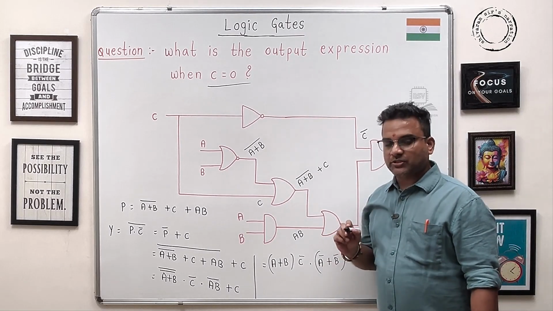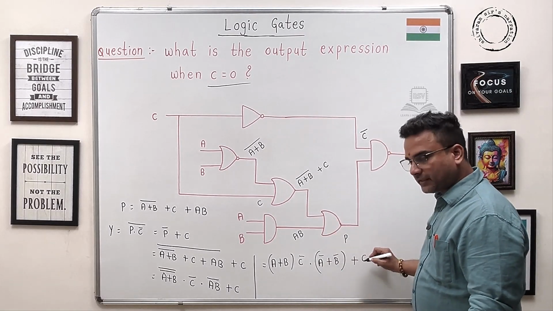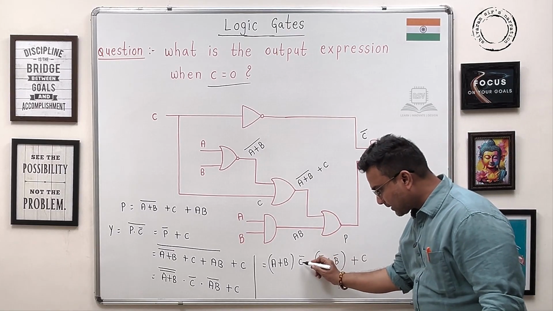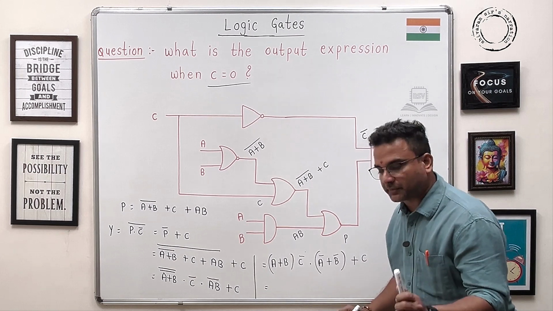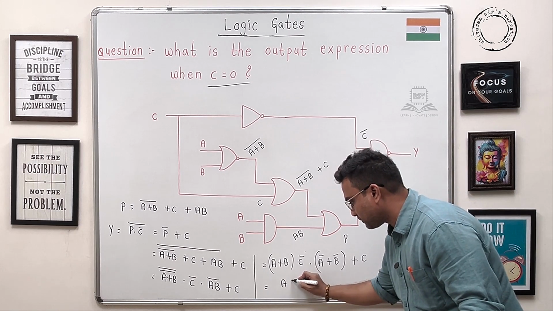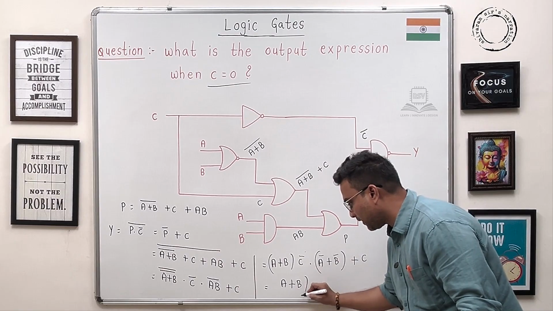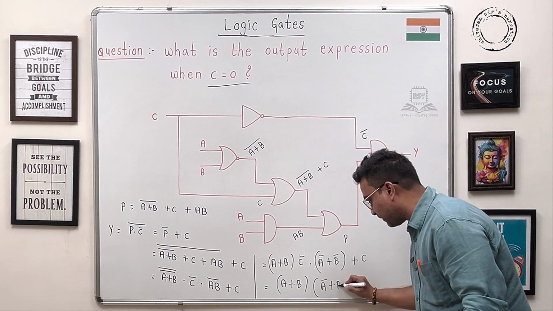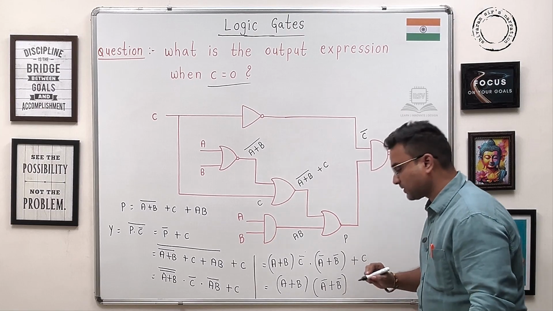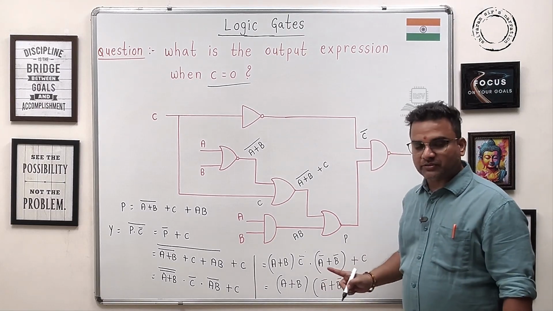If C is 0, then 0 plus anything is that thing, and C bar is 1. Hence the finalized expression is (A plus B) into (A bar plus B bar). This one, guys, is in the POS form.